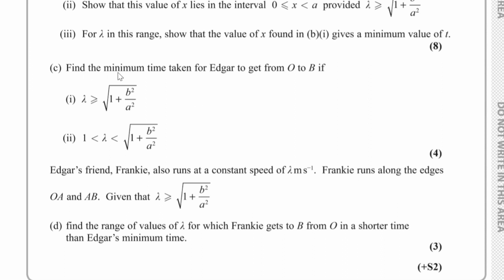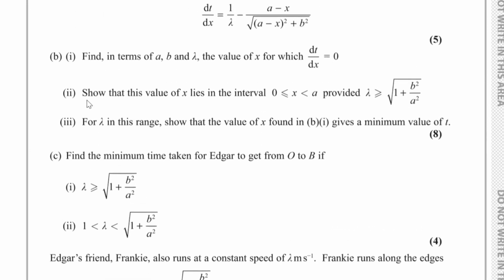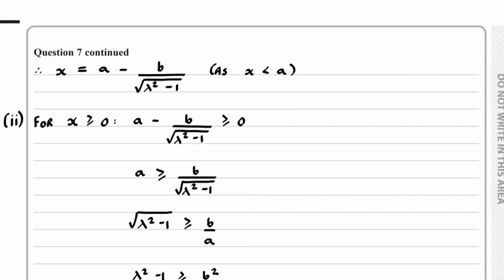Now we have to find the minimum time taken for Edgar to get from O to B if lambda is greater than the square root of 1 plus b squared over a squared. And if we remember from the second part of B and the first part of part B, we found a particular value of x for which we have lambda being greater or equal to the square root of 1 plus b squared over a squared.